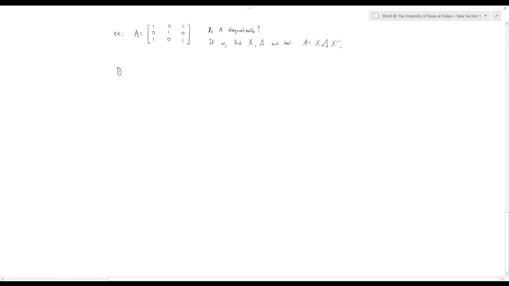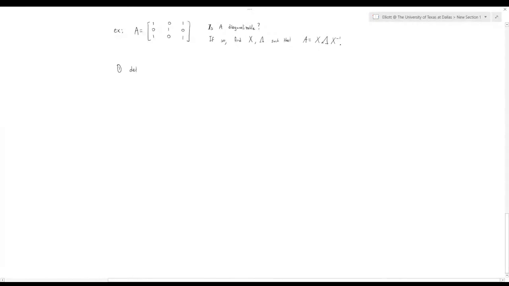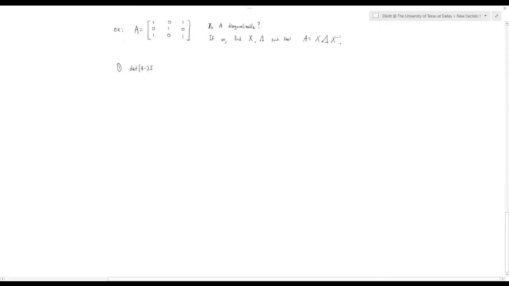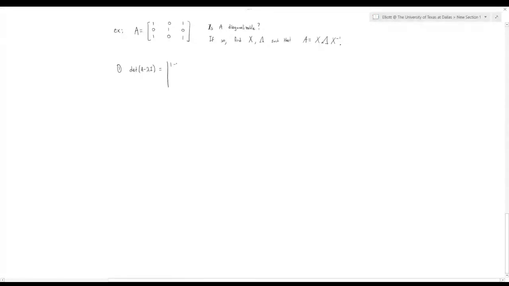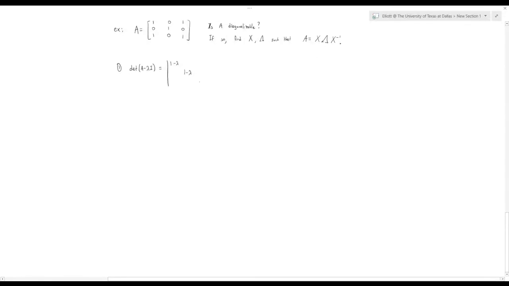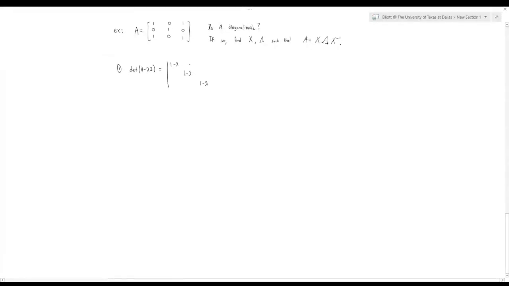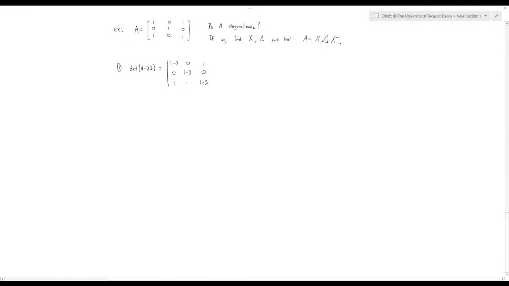So for these problems, you do just want to start by finding the eigenvalues and the corresponding eigenspaces. So to get the eigenvalues first, you want to do determinant of A minus lambda I. So A minus lambda I, that's going to subtract lambda from the diagonal entries of A. Here to compute the determinant, again, I'll do cofactor expansion.